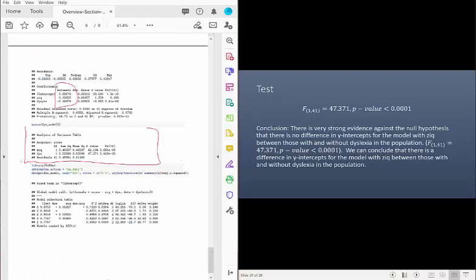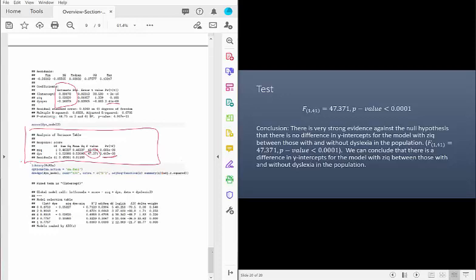Looking at the ANOVA for this test, we can see an F value of 47.371 for the variable dyslexia, whether or not they have dyslexia, and a p-value less than 0.0001. Notice that this p-value is the same as we see for the t-test.